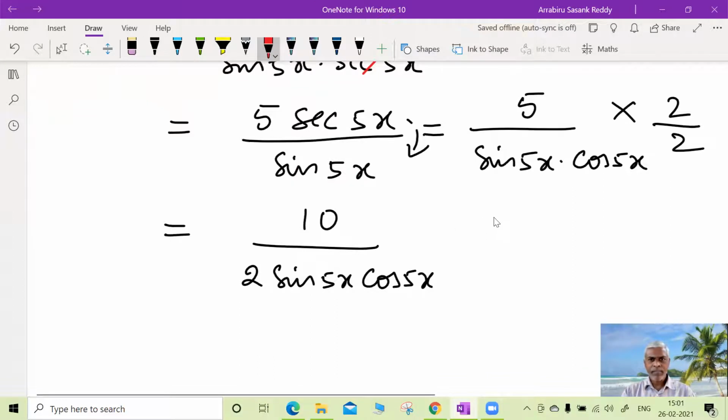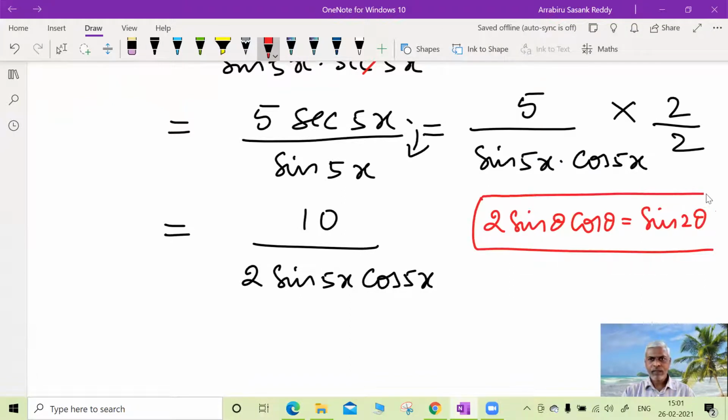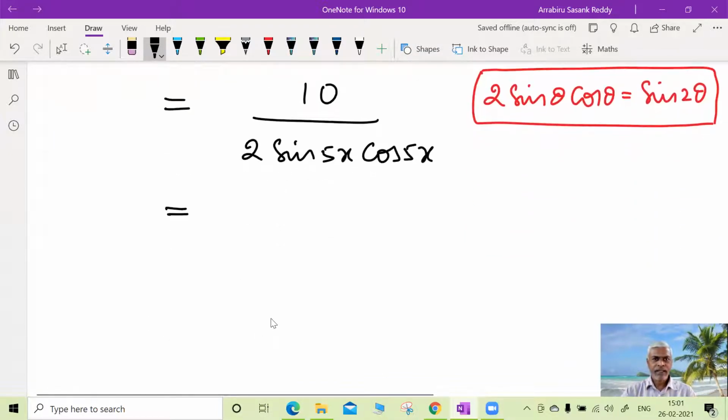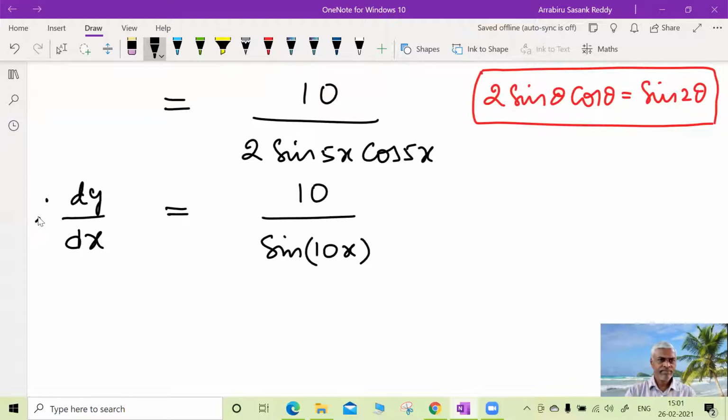There is a formula: 2 sin theta cos theta is equal to sin 2 theta. By using this formula, this can be further simplified: 10 by sin 10x. So this is the derivative.